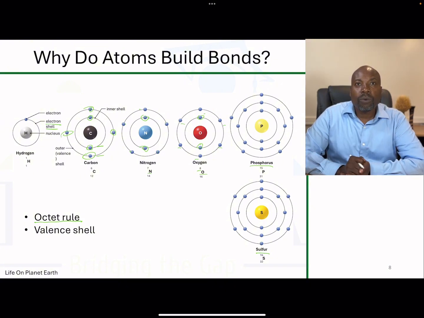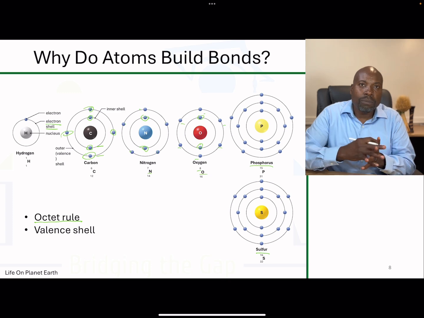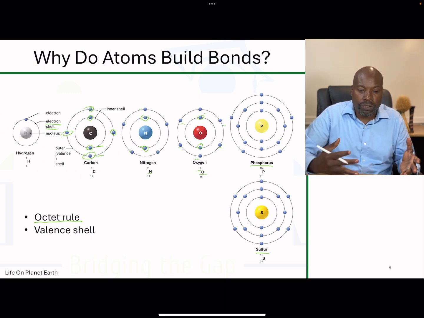We say these atoms to be reactive atoms. These reactive atoms are going to react together to form complex structures.